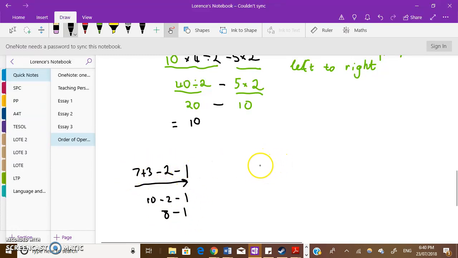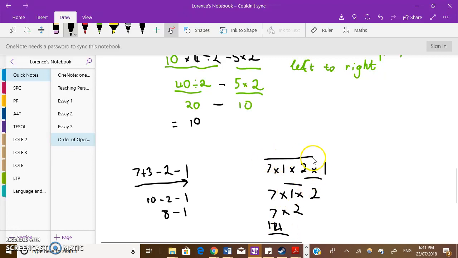However, if it's all multiplication, say 7 times 1 times 2 times 1, you can solve this in any order you want. You could start from the end and go backwards: 2 times 1 is 2, 7 times 2 is 14.